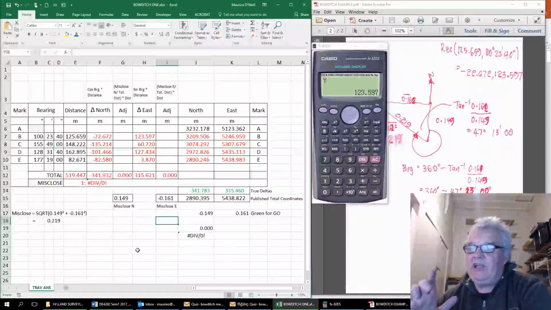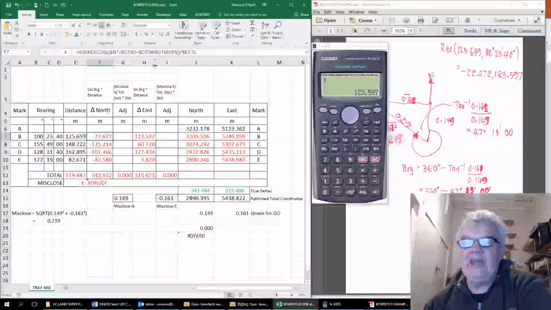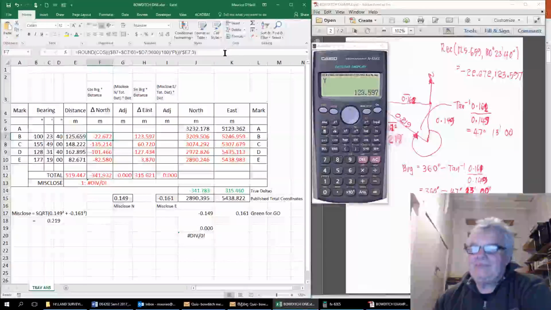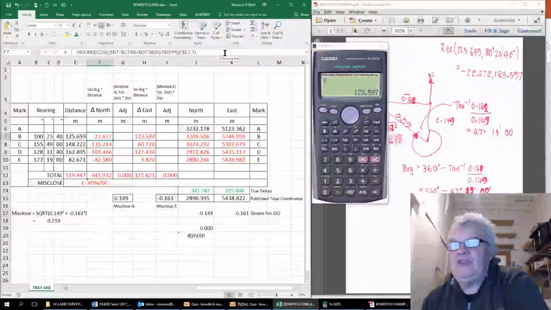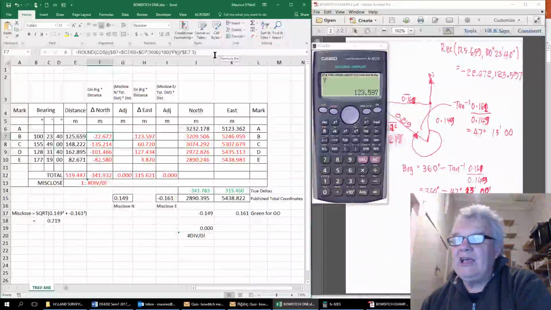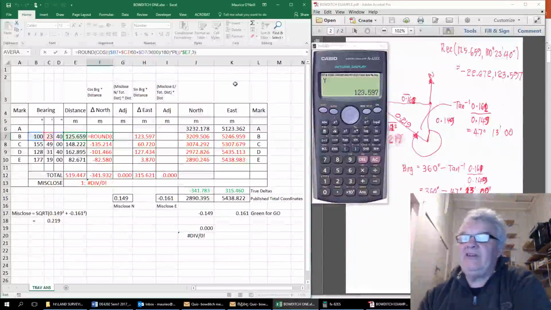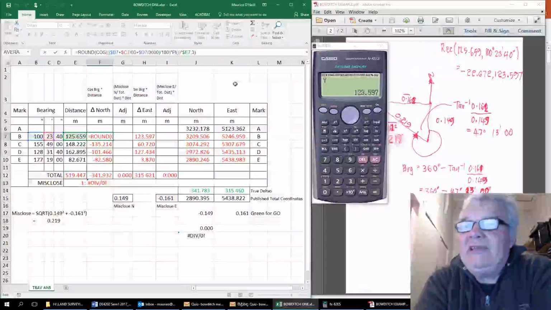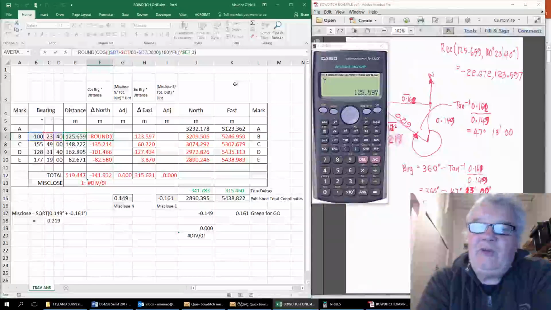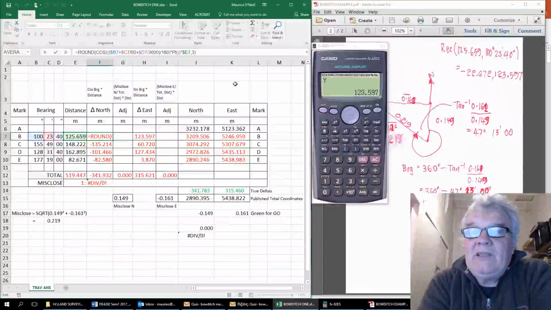Now, just before I go a little bit further, I do want to show you what's going on in here. This is a little formula to work these out. First of all, it's the cosine, and I'm using the bearings to work it out. They all go in there. But first I have to make the bearing 100 degrees 2340 into decimal degrees.